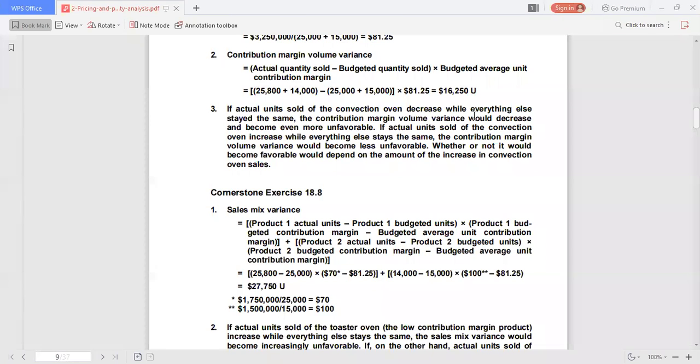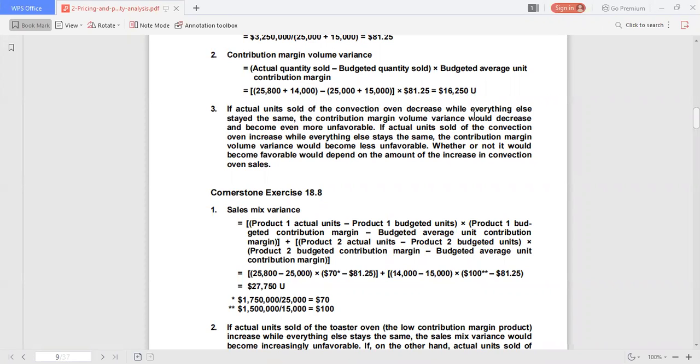So for product 2, we have 14,000 minus 15,000 times the difference between $100 and 81.25. Now shown in the computations. Okay, so that's now for requirement number 1.